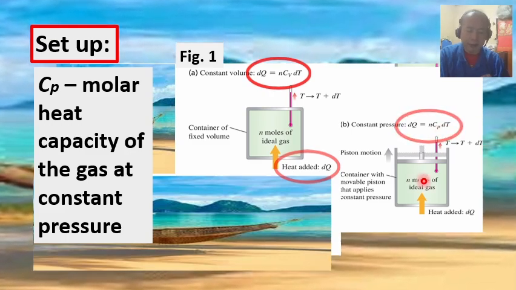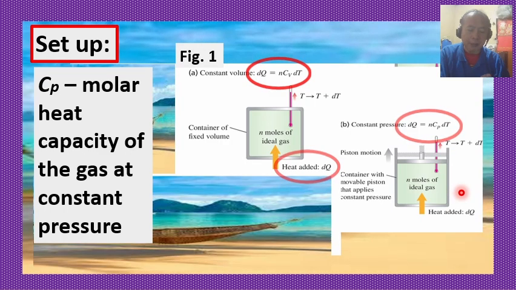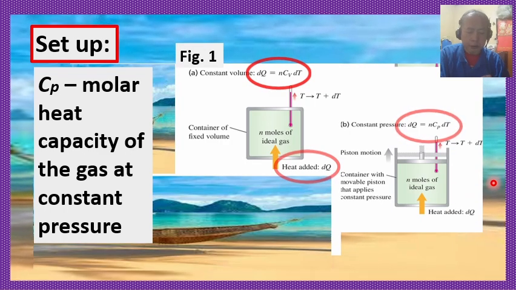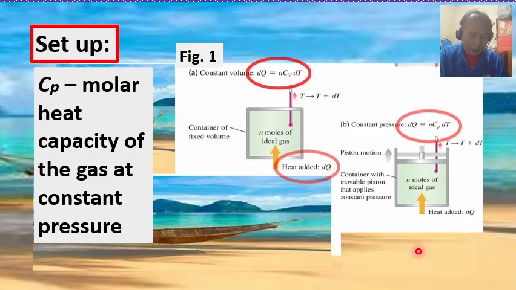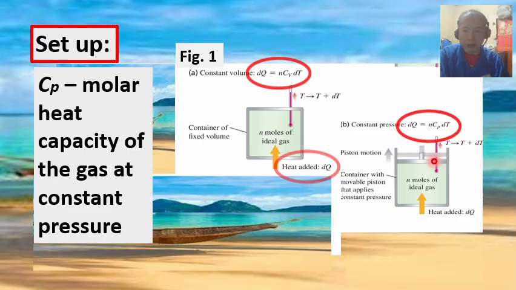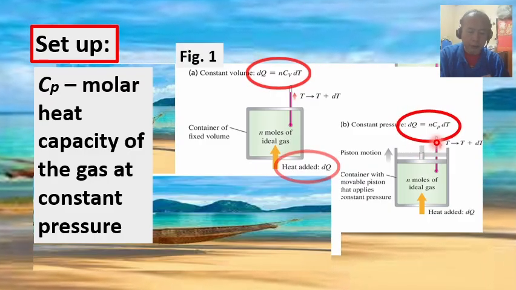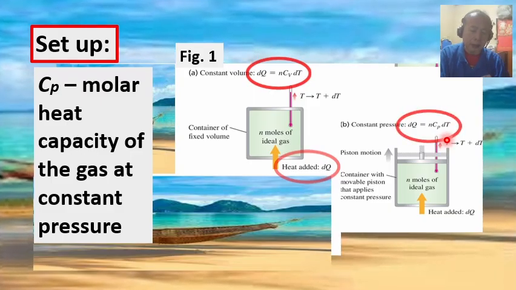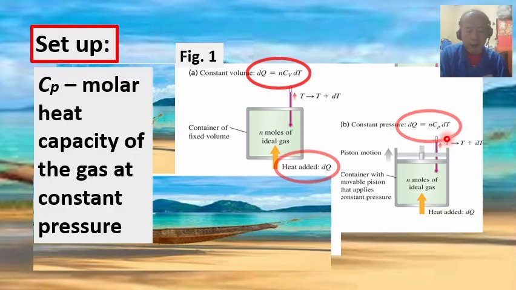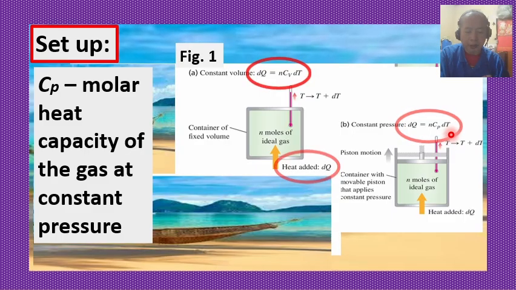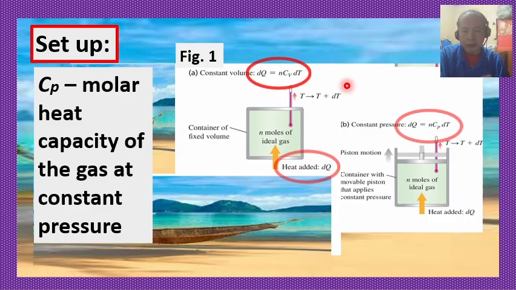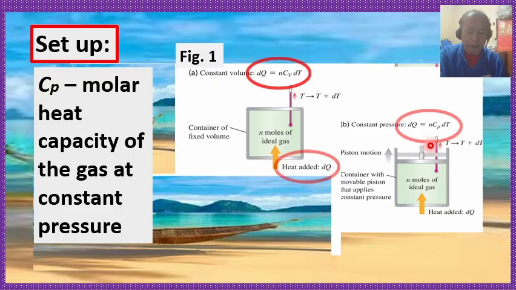The infinitesimal heat dQ is added to the system at constant pressure and is equal to the product of small n, the molar heat capacity of the gas at constant pressure, and the infinitesimal change in temperature.